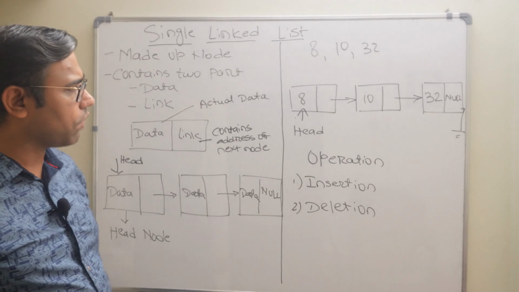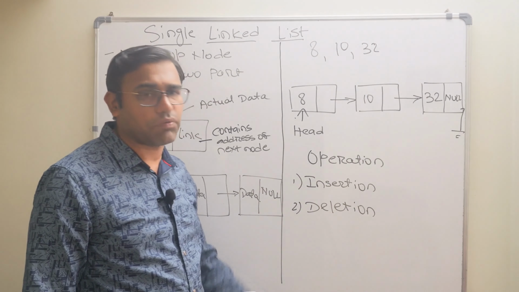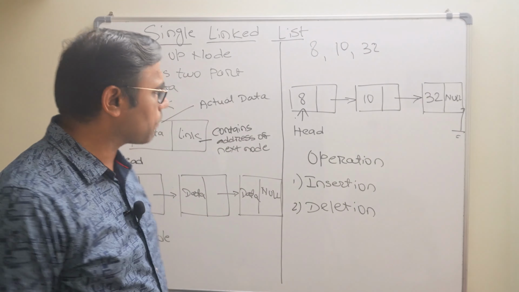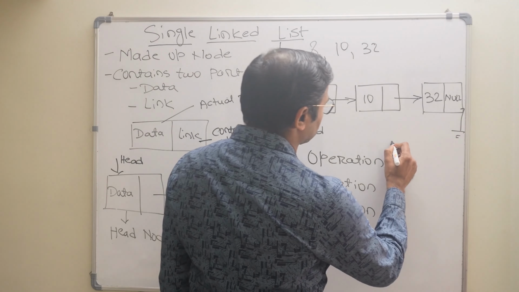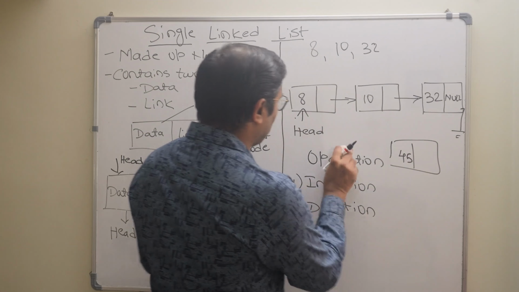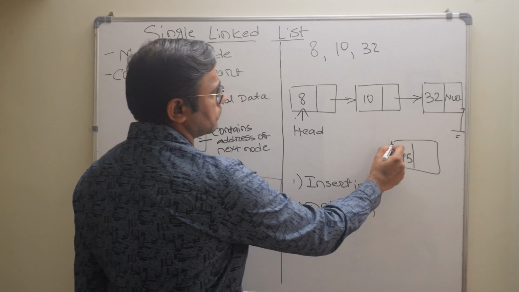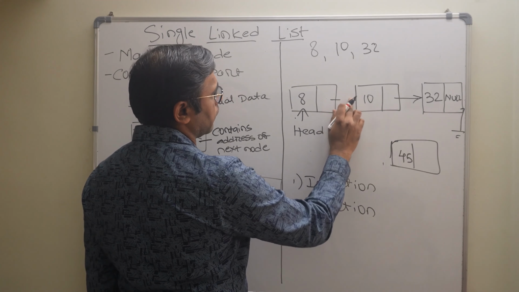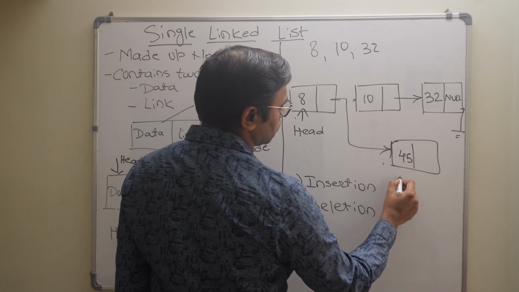Now what type of operation can we perform on the linked list? We can perform insertion operation and deletion operation. Now how to perform the insertion operation? Suppose I want to insert node 45 before 10. How to do it? Suppose the address of this node is 2000.